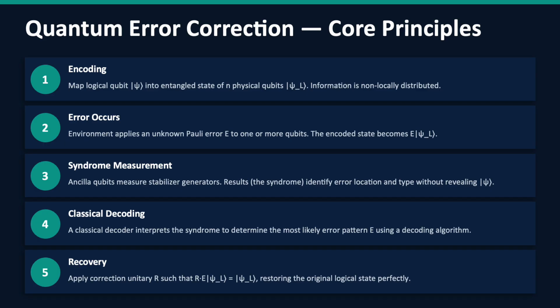When you measure these ancilla qubits, you get a pattern of results called the error syndrome. This syndrome is like a fingerprint that identifies the type and location of the error.